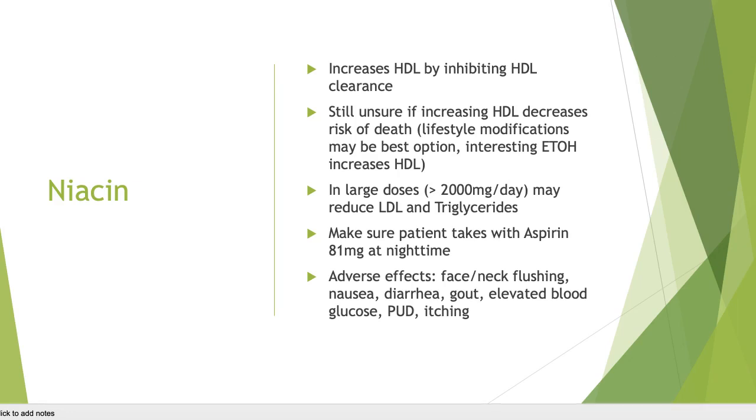Niacin increases HDL by inhibiting HDL clearance. These are really good to add if you have a lipid profile where a patient has a very low HDL and they've tried lifestyle modifications to increase that and it has not been increasing.